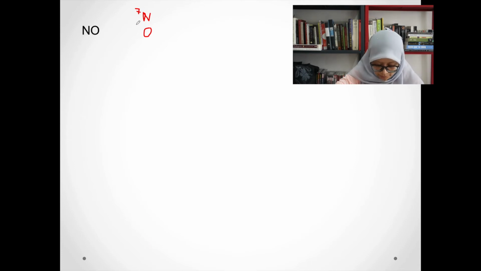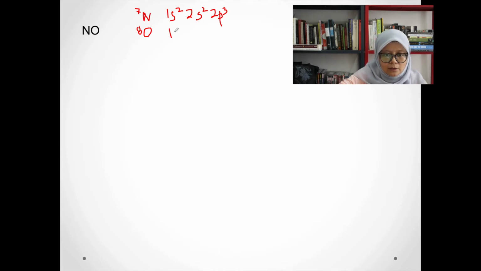The electron configuration for nitrogen is 1s2, 2s2 and 2p3. For oxygen it is 1s2, 2s2 and 2p4. So this is where you have the overlapping between p groups.